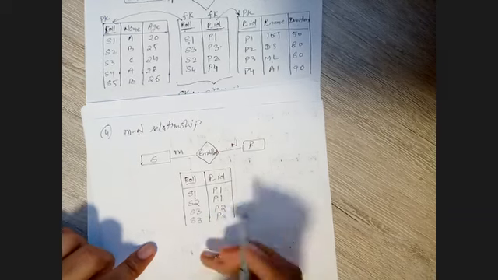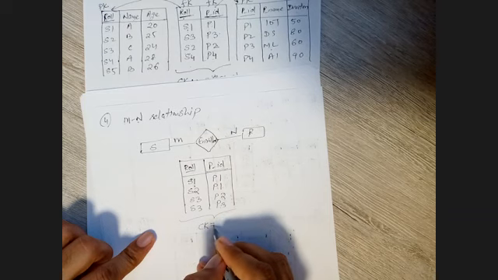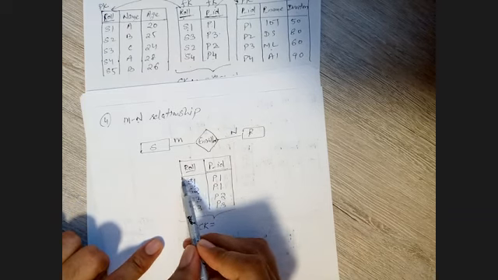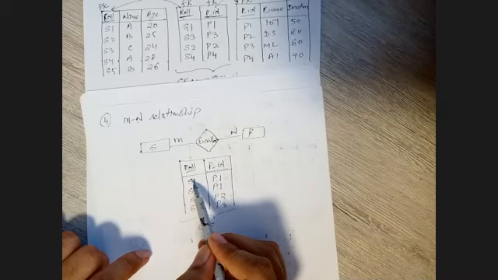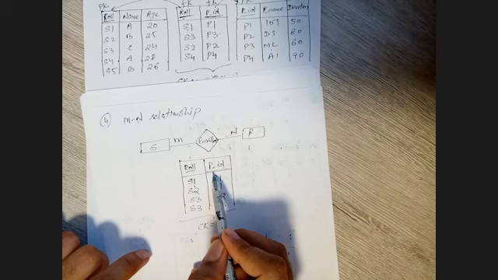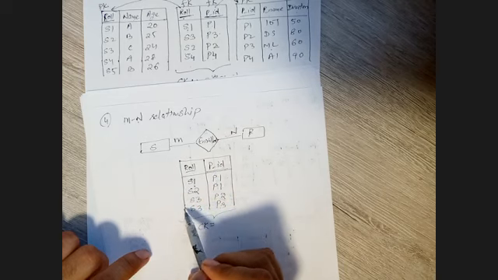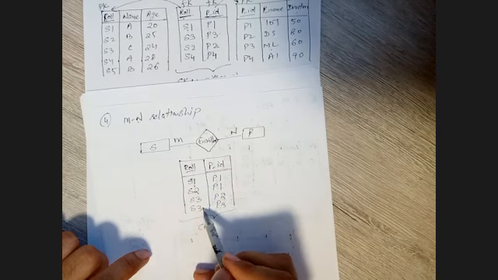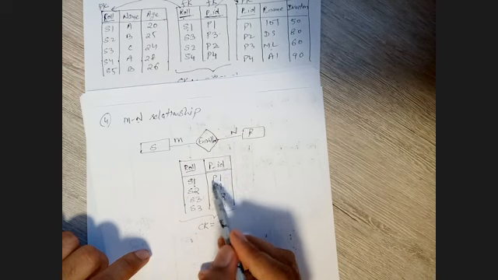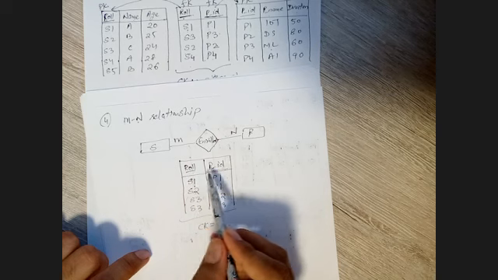Now, this is very important for finding the candidate key for this one. If we take any attribute individually, can we say that only the roll number or only the project ID can uniquely identify the tuples here? No, because roll number has multiple values, say S3, and the project ID also has multiple values. So individually, we cannot say the candidate key is either roll number or project ID.